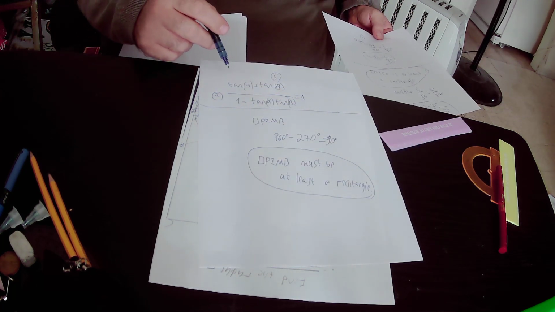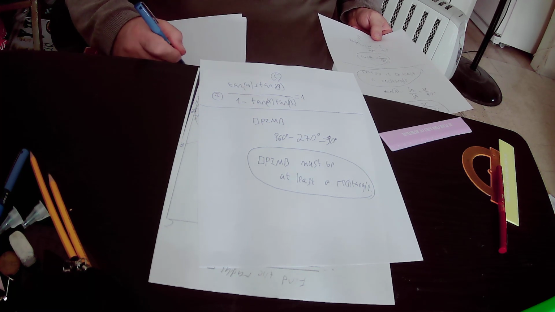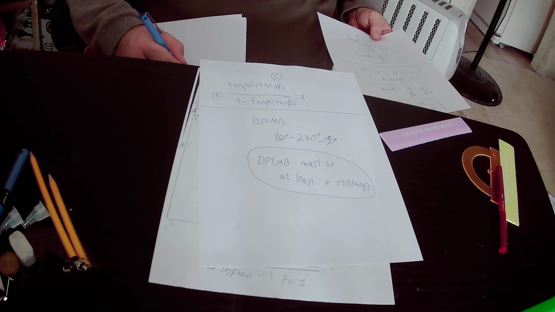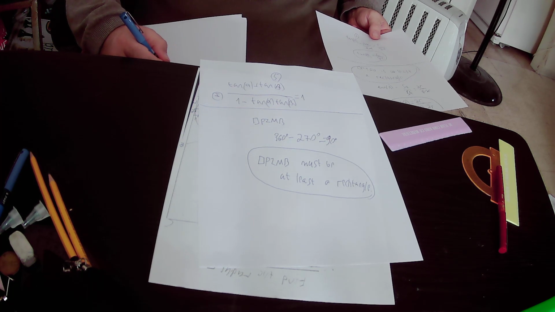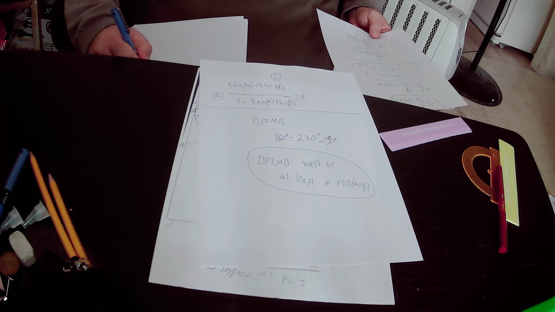And all divided by 1 minus tangent alpha times tangent beta, that is to say R minus 8 minus R times tangent beta is 2R over 8 minus 2R, all equals to 1.